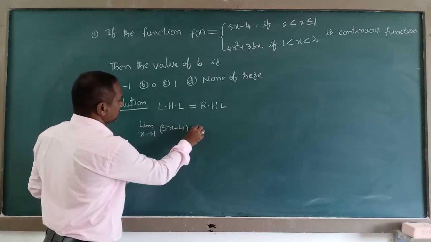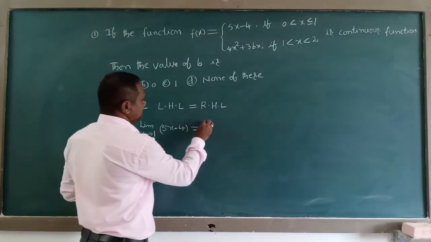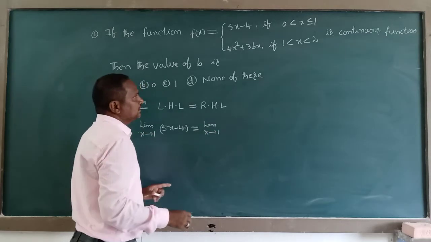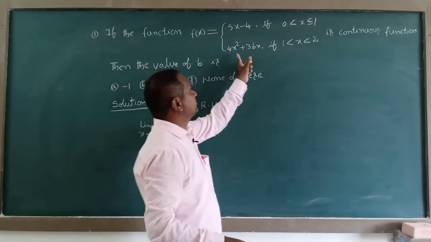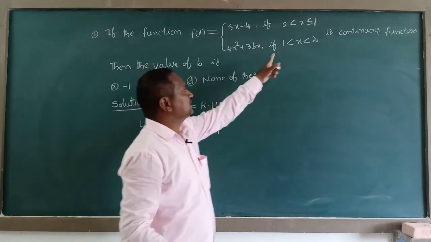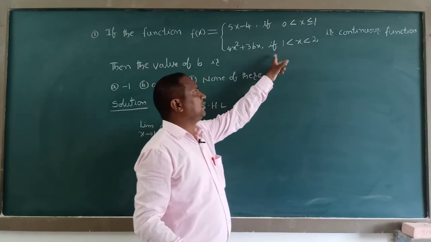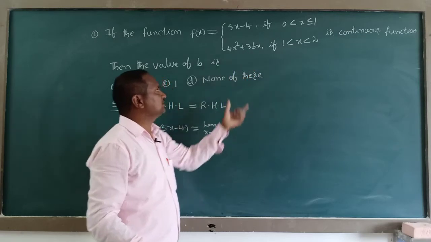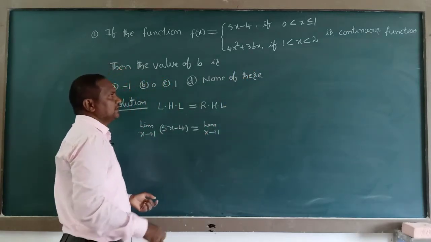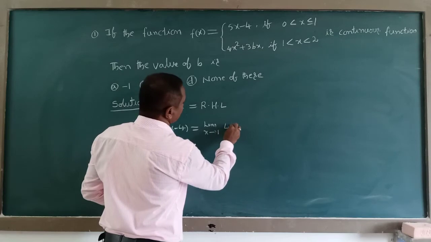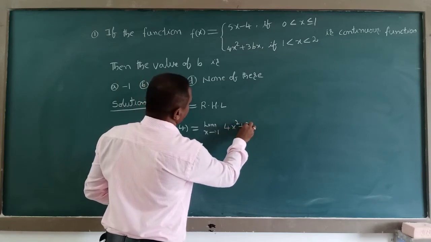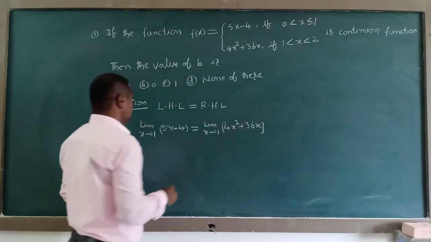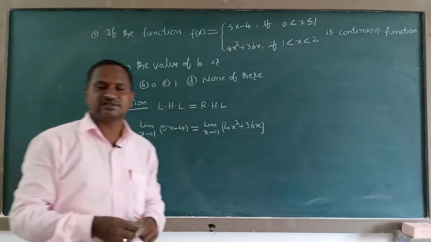At the same time, RHL is limit x tending to 1, corresponding to the greater than symbol. Here 1 is less than x, nothing but x is greater than 1. That's the function we must consider for the right hand limit, that is 4x square plus 3bx.